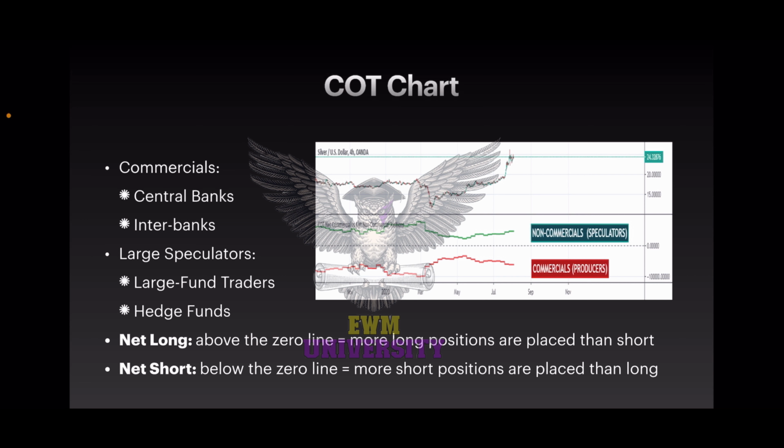And net short is below the zero line, meaning there are more short positions placed than long. And don't be too confused right now, guys, because for my visual learners, we're going to plot this out coming right up next. I'm going to show you a commitment of traders chart, and then how you can actually apply it in determining your bias in the currency exchange market.